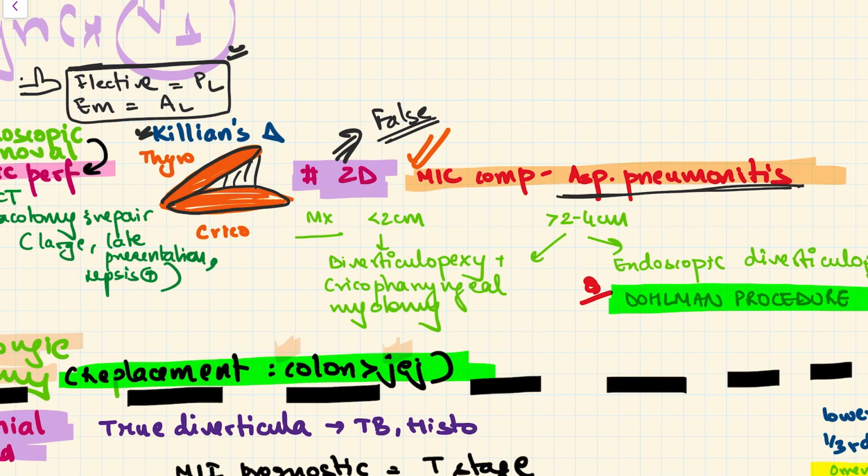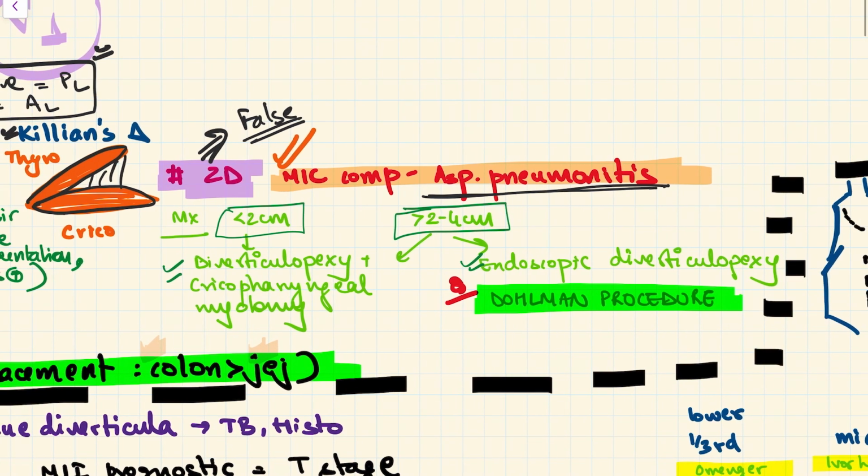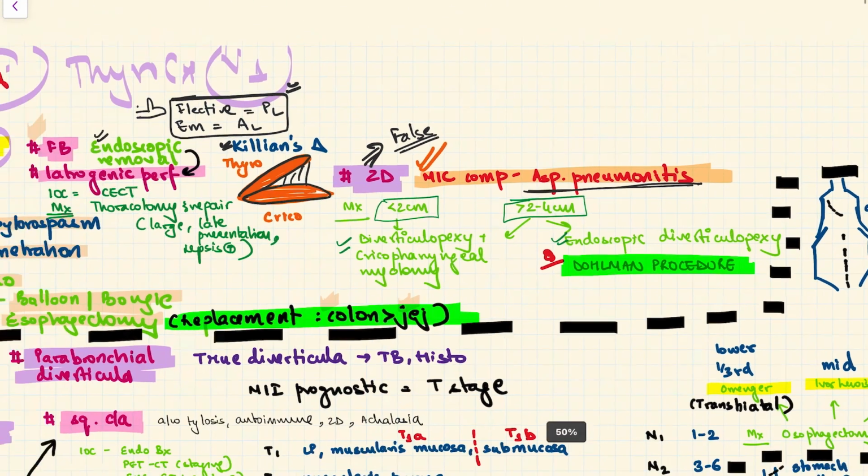How do we manage it? If it is less than 2 centimeter, then a diverticulopexy with cricopharyngeal myotomy is done. While for larger diverticulae more than 2 to 4 centimeter, right, endoscopic diverticulopexy is done, and this is called as Dohlman procedure. All right.